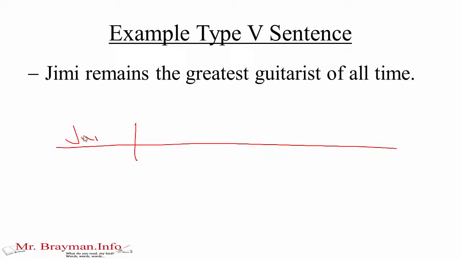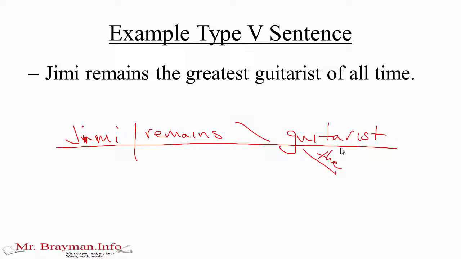Subject is Jimmy. Oops. Remains is the predicate. Remains what? He remains, this is kind of a funky one, but he remains guitarist. And it's the greatest, because those are both modifying guitarist.